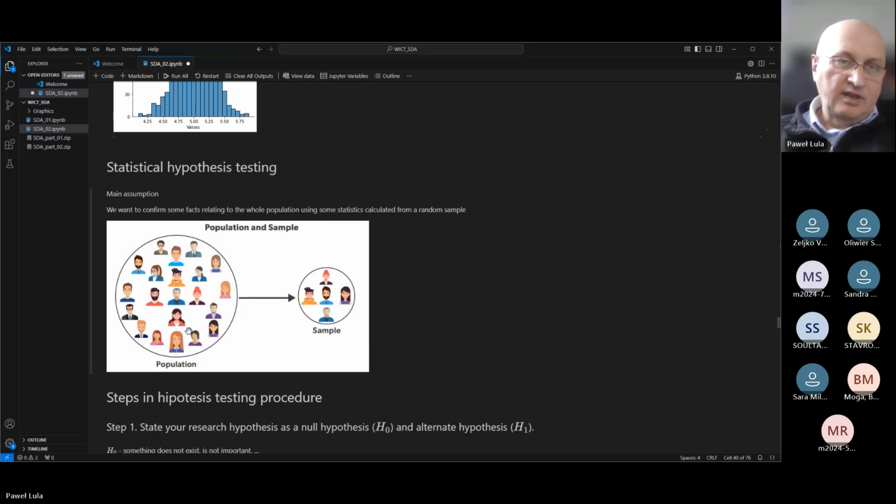It is my opinion about average income in Croatia. And I want to verify it because I don't know if it is true or not. I know that I'm not able to ask everybody in Croatia about his or her income and to calculate the average value. It is not possible for me.